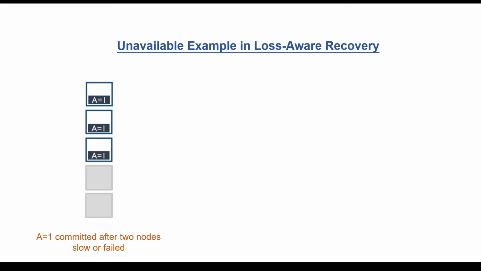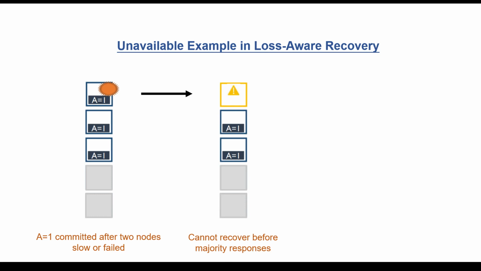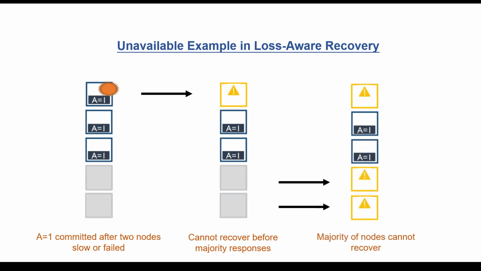For another example, about the loss-aware recovery, within the same scenario, but this time the nodes will be in a recovering state. That means they wait for responses from other nodes, and only when they get majority responses can they do something. But this time, the majority of nodes in this group are already down.